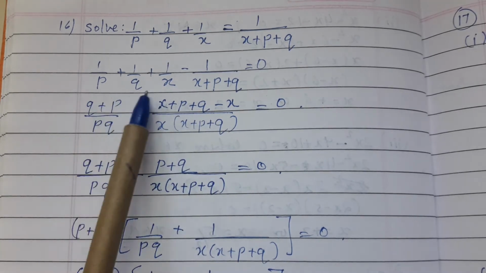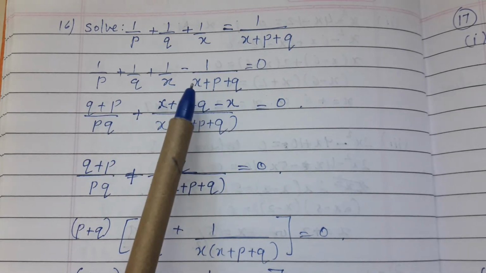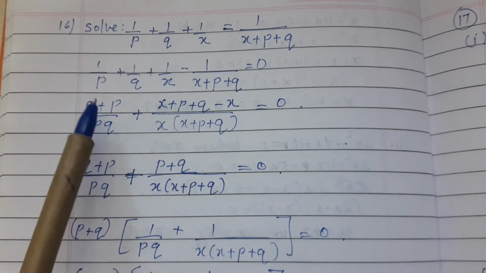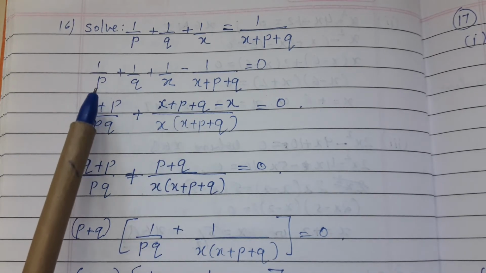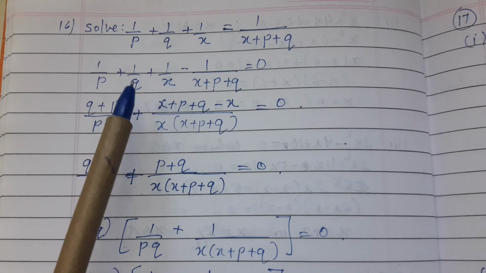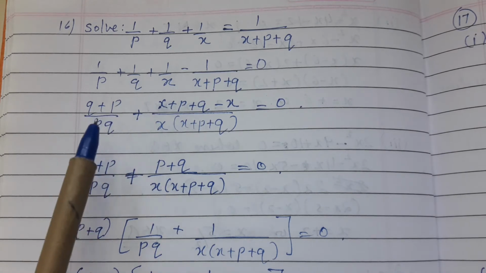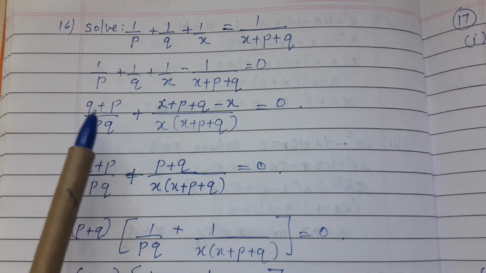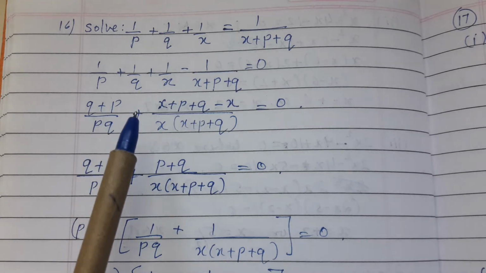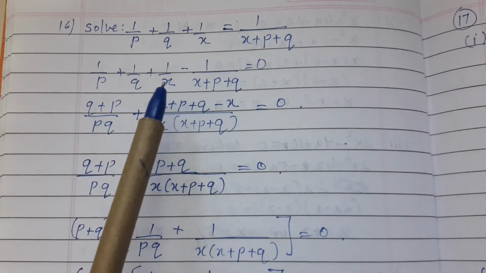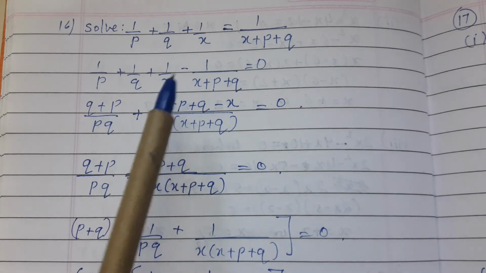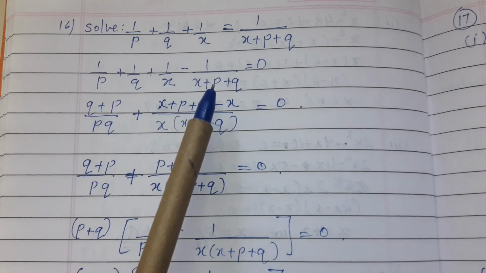Now we will solve these two terms and these two terms first and then continue. Here I will multiply by q, this term I will multiply by p. So I will get q plus p upon pq. Here also, in the same way, I will multiply and divide by x plus p plus q, and I will multiply and divide by x.